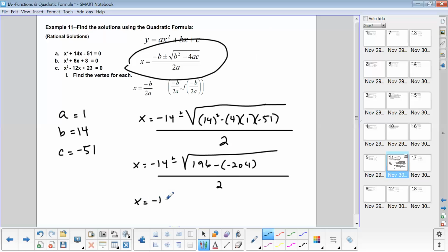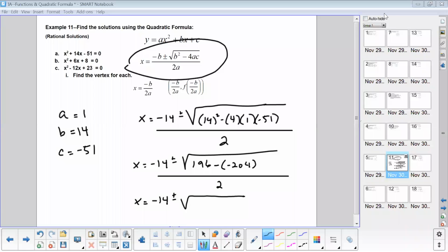And that's going to be negative 14 plus or minus the square root. So this is subtracting a negative. So what we have inside the radical is 196 plus 204, and we're going to get 400.